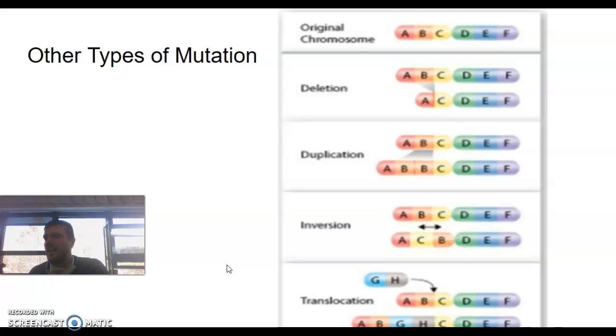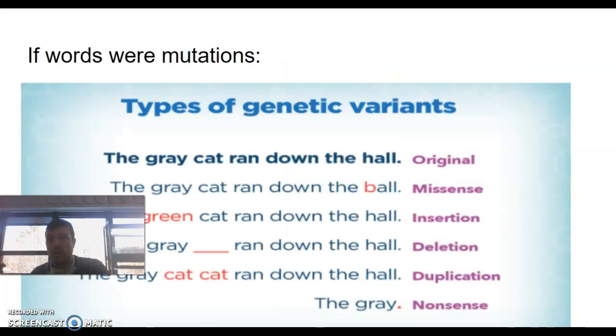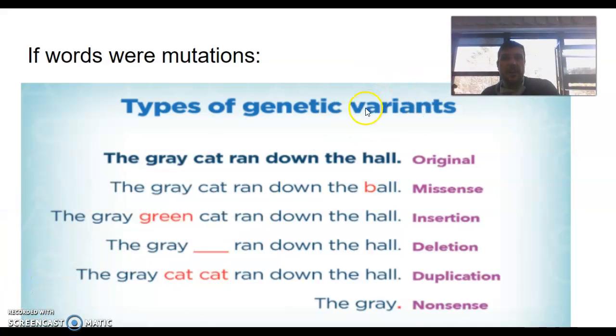Another way that a lot of people like to think about mutations is by using something that we're already familiar with. And in this case, I want to use some words. So different types of variants when it comes to genetics, or different types of mutations. If my original sentence reads the gray cat ran down the hall, well, a missense mutation might just change one letter.